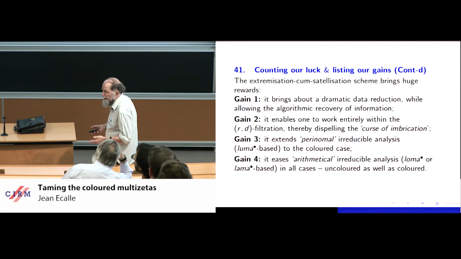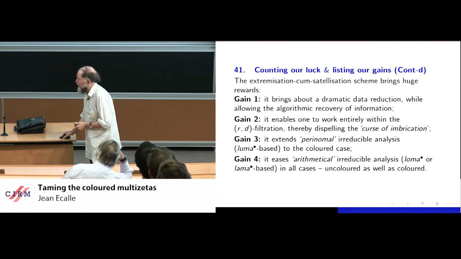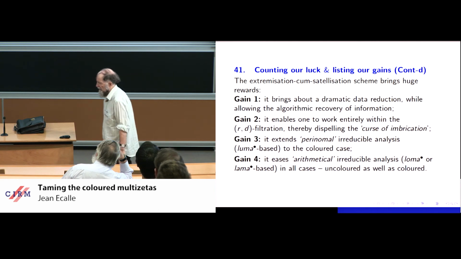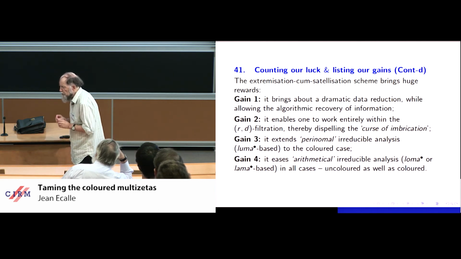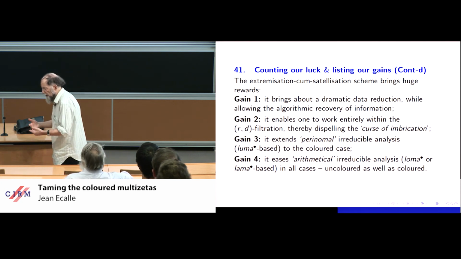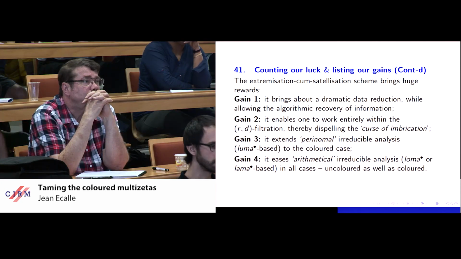And now, what did we actually gain? Well, we reduced the amount of data tremendously. This was step one, and then step two, we restored the gradation, the filtration rather, by length.